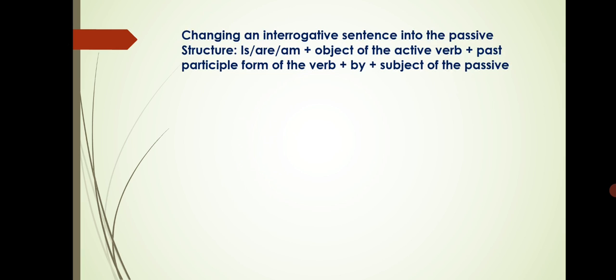Changing an interrogative sentence into the passive sentence. There is a structure for this. The structure is: is, am, are, plus object of the active verb, plus past participle form of the verb, plus by, plus subject of the active sentence. Examples. Active sentence: Do you write a letter?